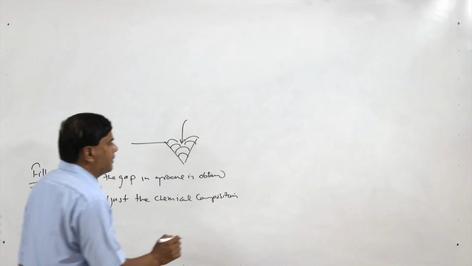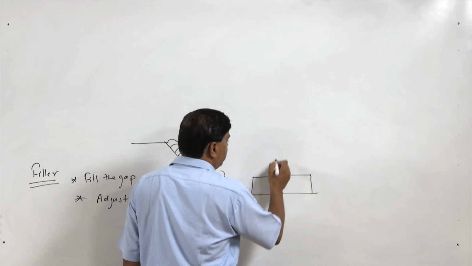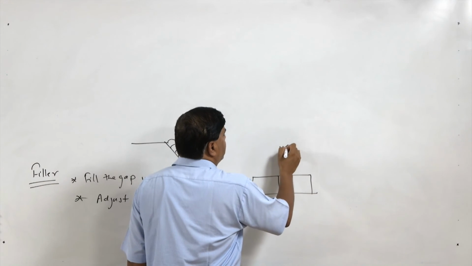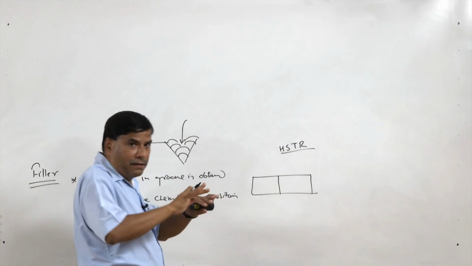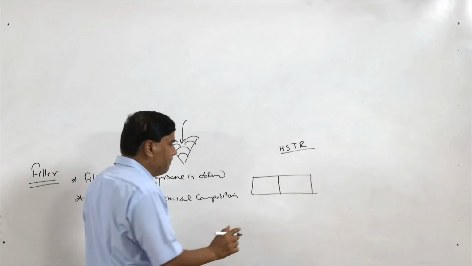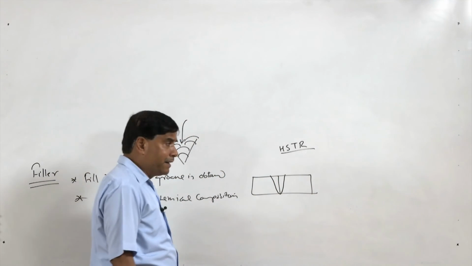Sometimes the base metal becomes very sensitive to cracking, say the base metal has a high solidification temperature range. Because of the high solidification temperature range, it shows a tendency for centerline cracks.